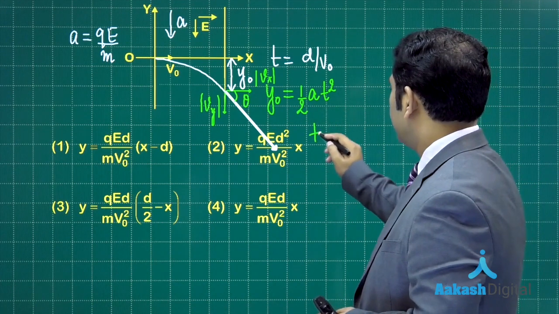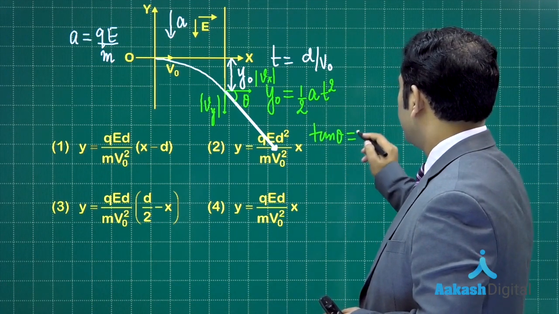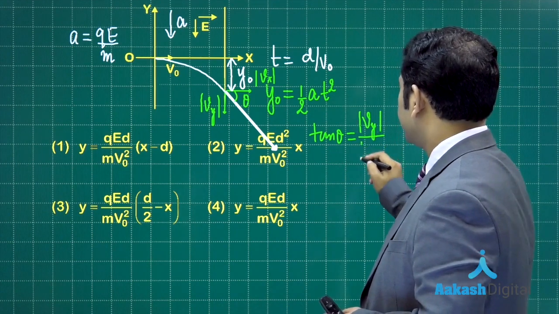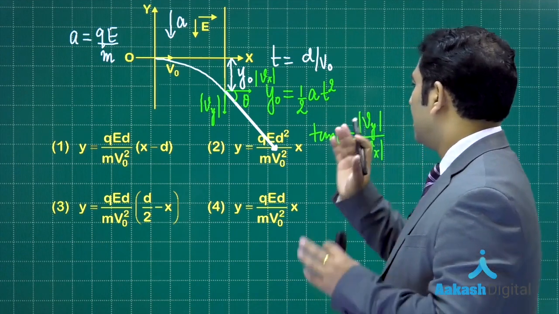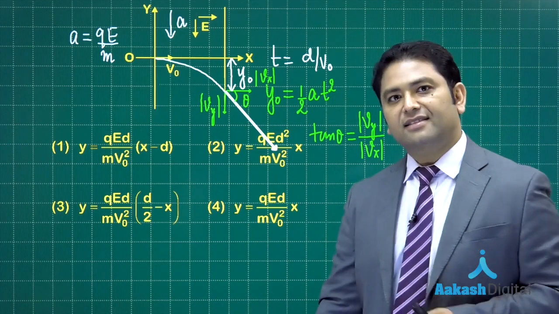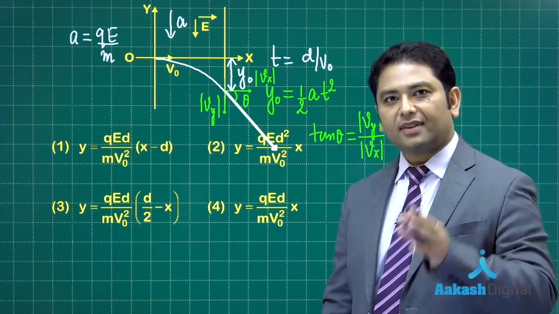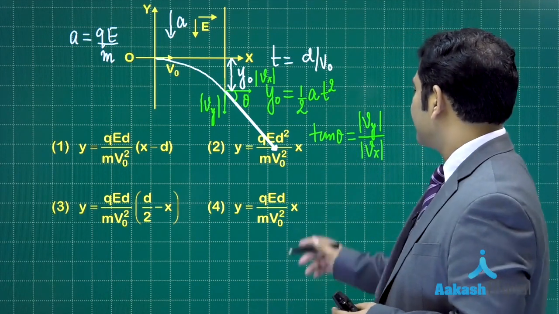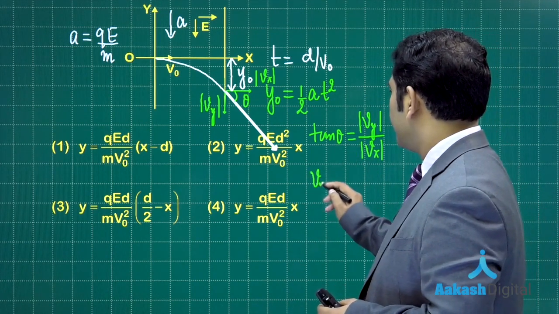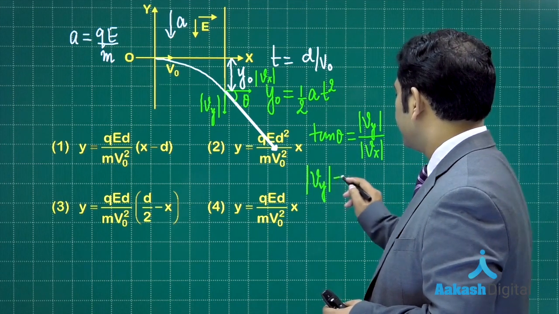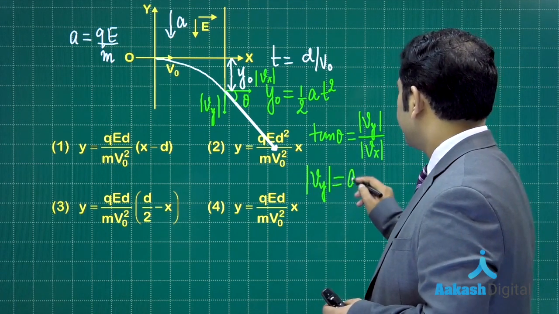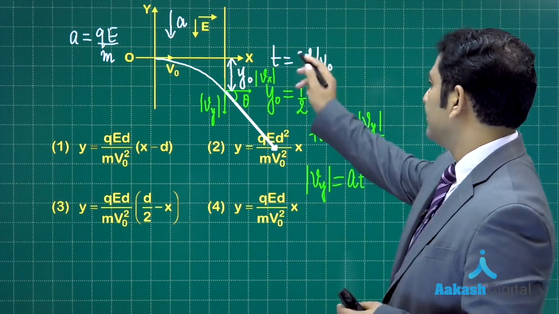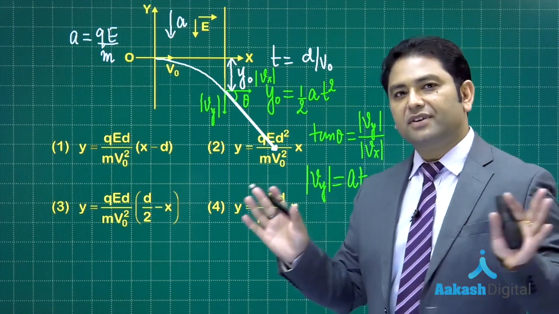The value of tan theta will be equal to magnitude of Vy divided by magnitude of Vx. Alright, so we have calculated tan theta as well. And to calculate Vy will not be a trouble, because the value of Vy in terms of magnitude is going to be the acceleration along y direction multiplied by time t, and t we can place from there. So everything is done.